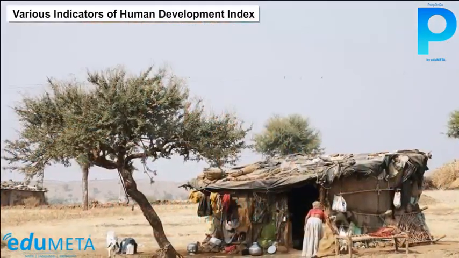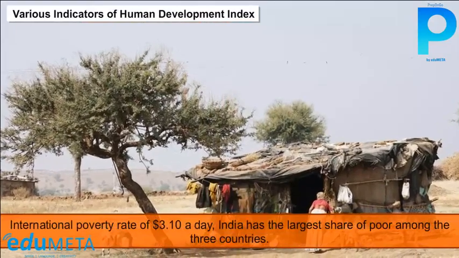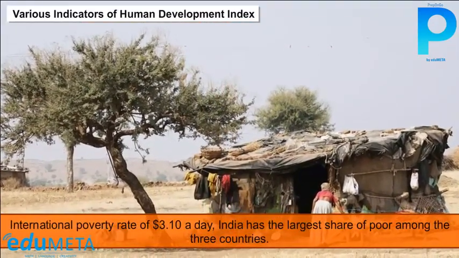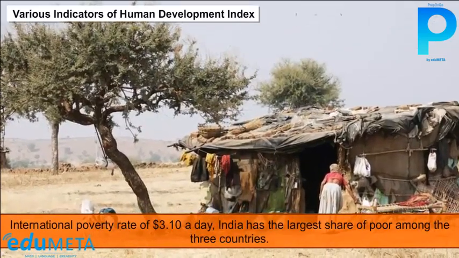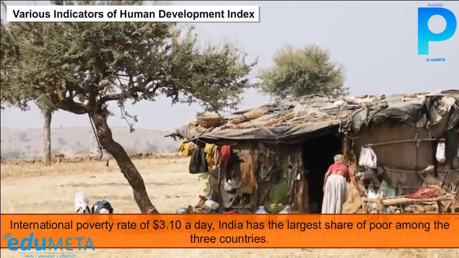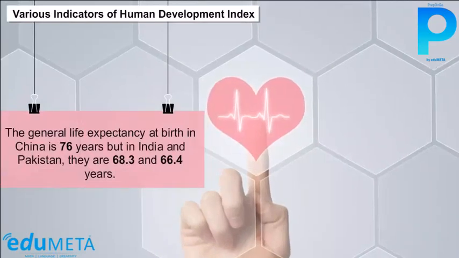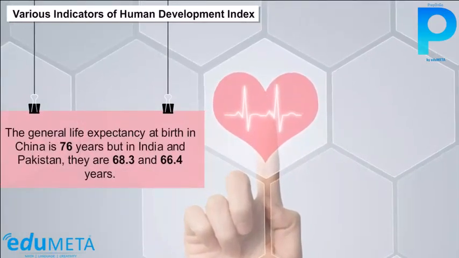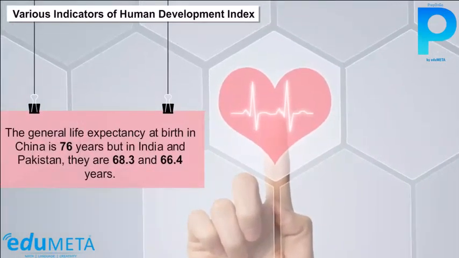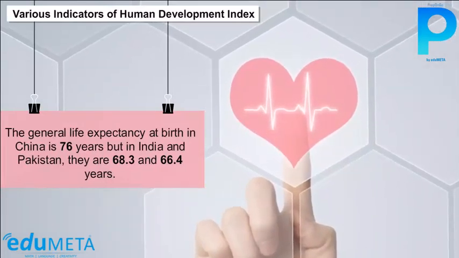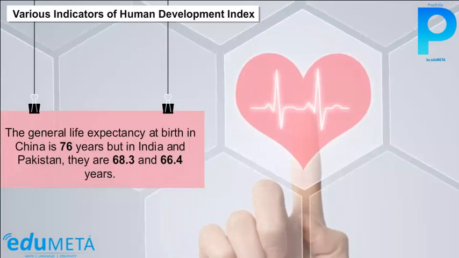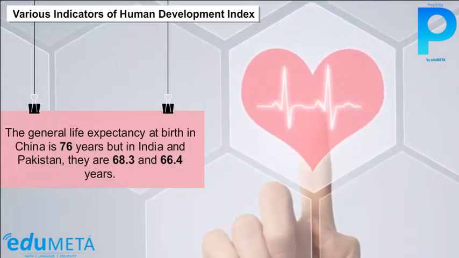By the account of the international poverty rate of 3.10 a day, India has the largest share of poor among the three countries. The general life expectancy at birth in China is 76 years, but in India and Pakistan, they are 68.3 and 66.4 years respectively.